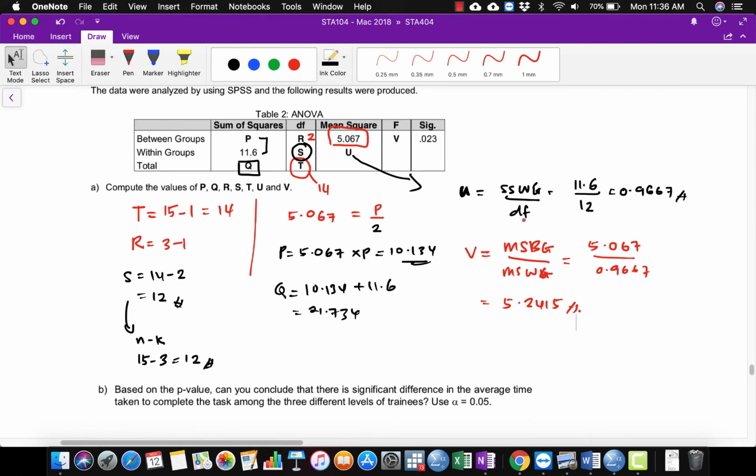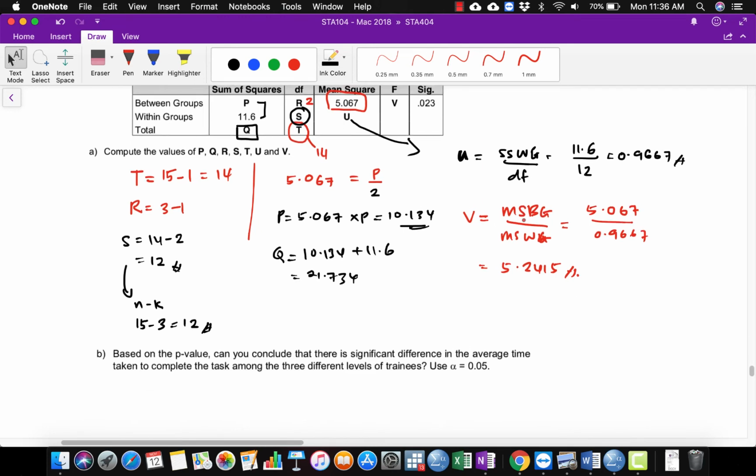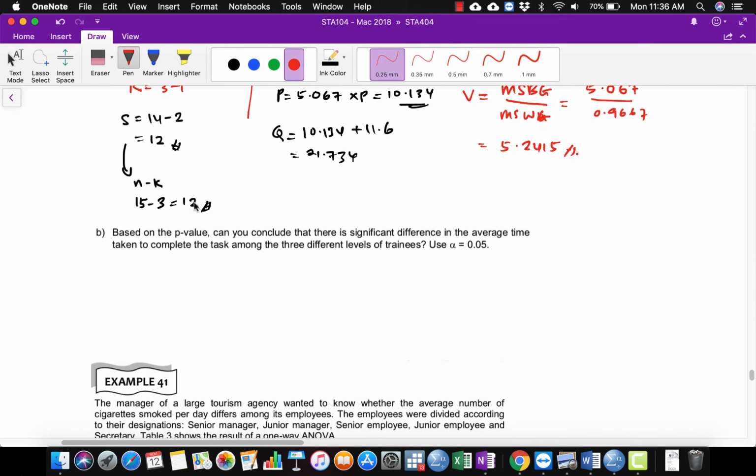The second one, B, based on the p-value, can you conclude that there is a significant difference in average time taken to complete tasks among 3 different levels of trainees, right?